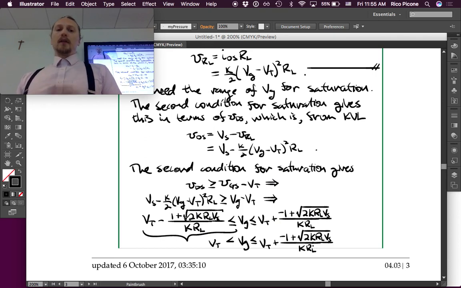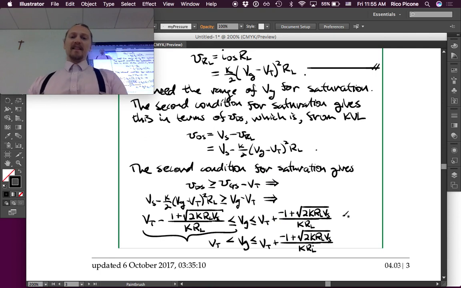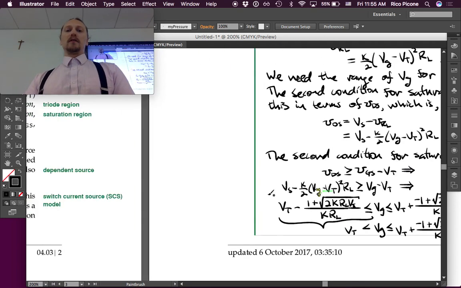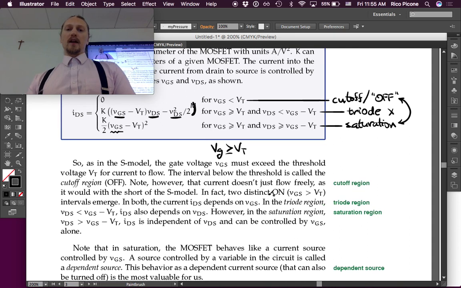What we're saying is this is what condition 2 requires. We'll say this one right here is condition 2, and this one we'll call condition 1.